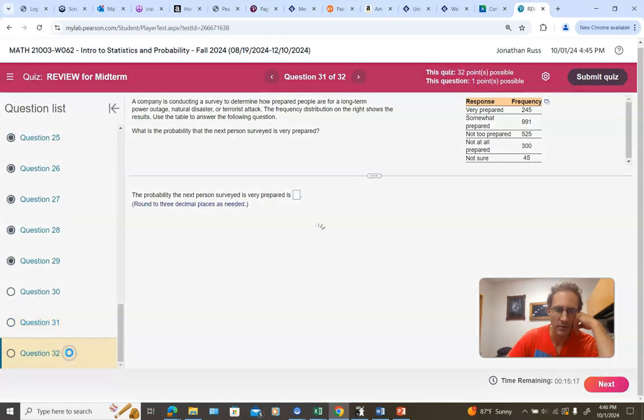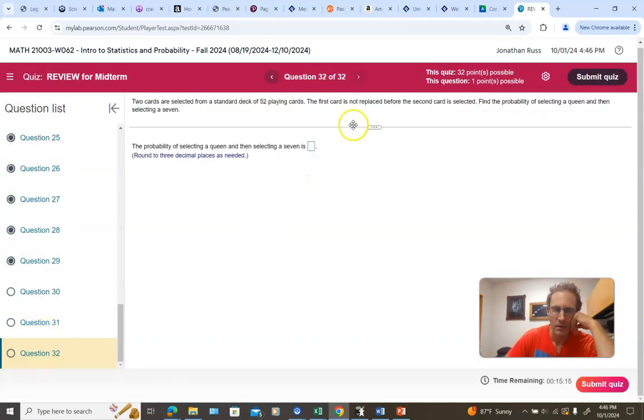All right, and then number 32. This I believe is from section 3.2 on conditional probability. It says 2 cards are selected from a standard deck of 52 playing cards. The first card is not replaced before the second card is selected.